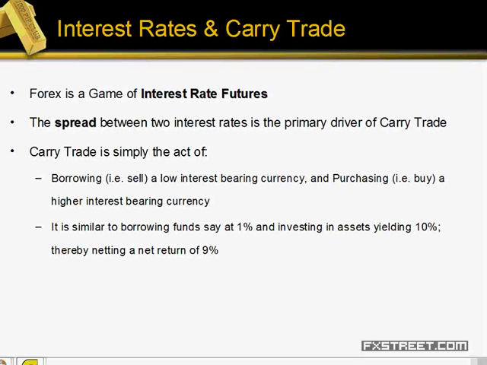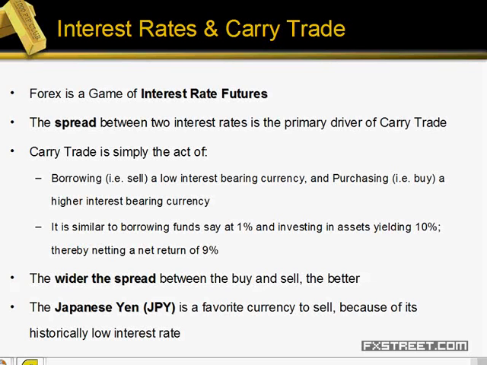So carry trade is simply borrowing a low interest bearing currency and purchasing a higher interest bearing currency. For instance, if you borrow something at 1% and then sell it at 10, you're going to get 9% interest rate on that. Okay, obviously the bigger the better, and we're going to see some of those.